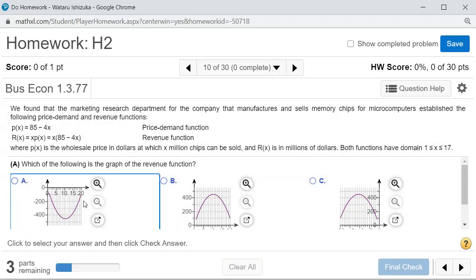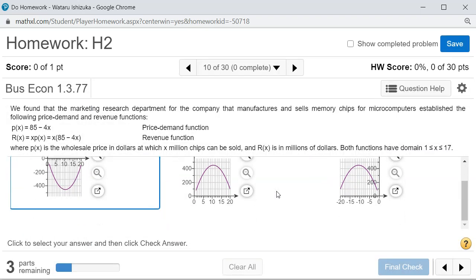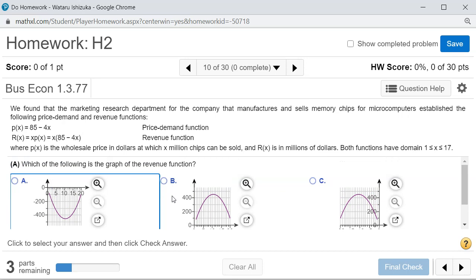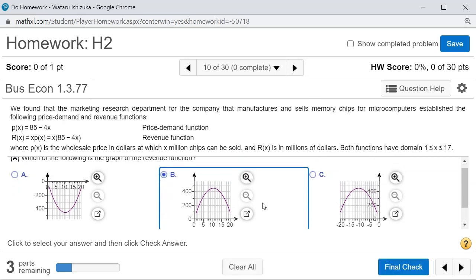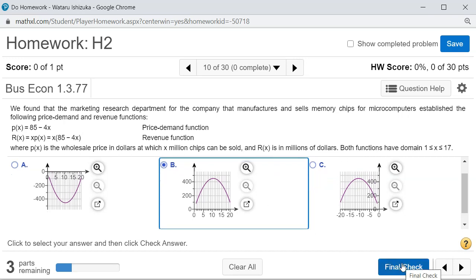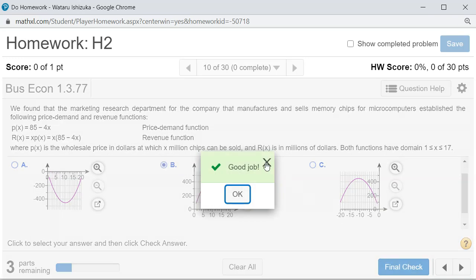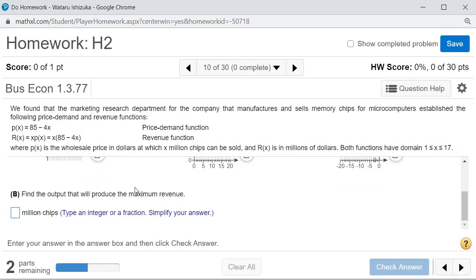So A is not reasonable, and the only one that's reasonable is B. This is the correct picture for the revenue function. Let's check the answer. We got that. Let's look at the next question.